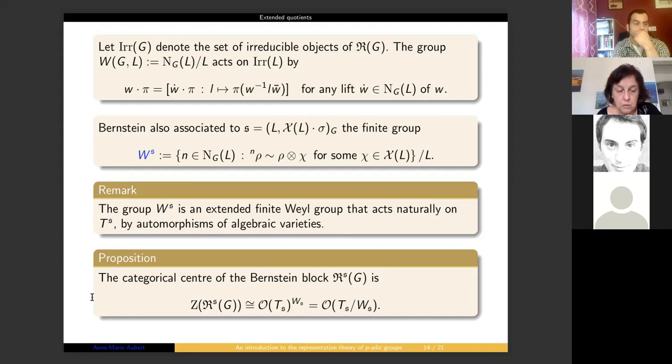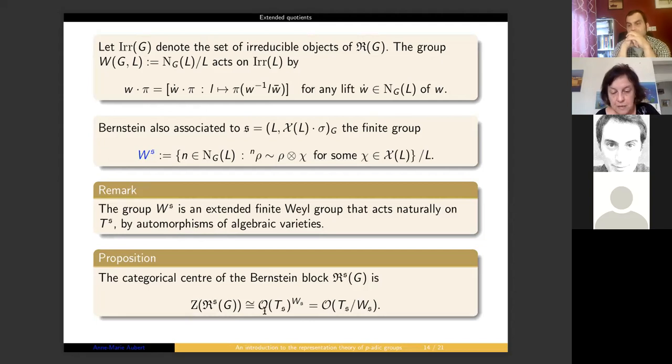Okay, one more comment about the category. We can look at the category center, which means the endomorphisms of the identity functor, the commuting ones. And if we do that, you get, okay, my notation is not good.